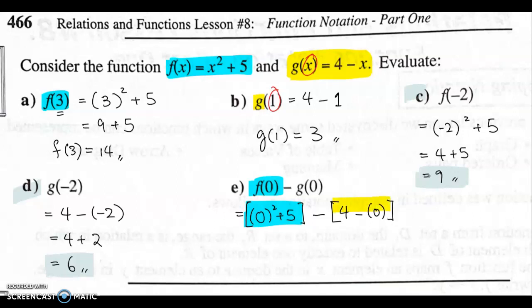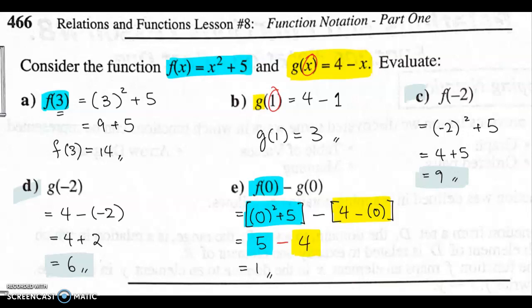Now, this is a very simple function because they're giving us the value 0 in here, but I'm using the square brackets because it is the best thing to use to keep our two functions completely separate and make sure we honor the symbol in the middle that is connecting them. 0 squared is just 0, so my f of 0 is going to equal 5, and my g of 0 is going to equal 4.